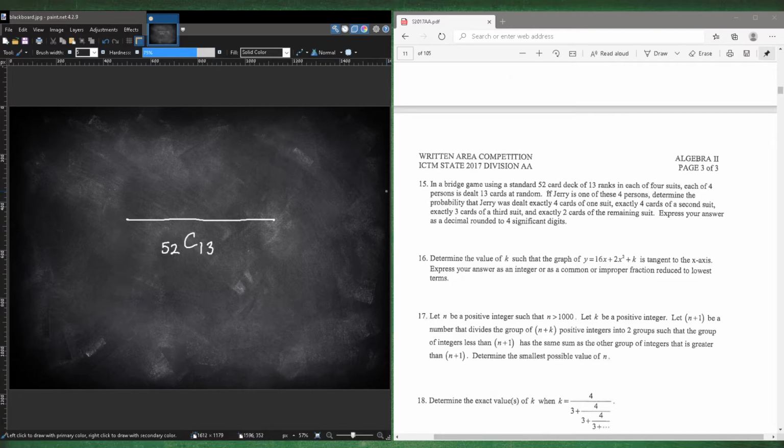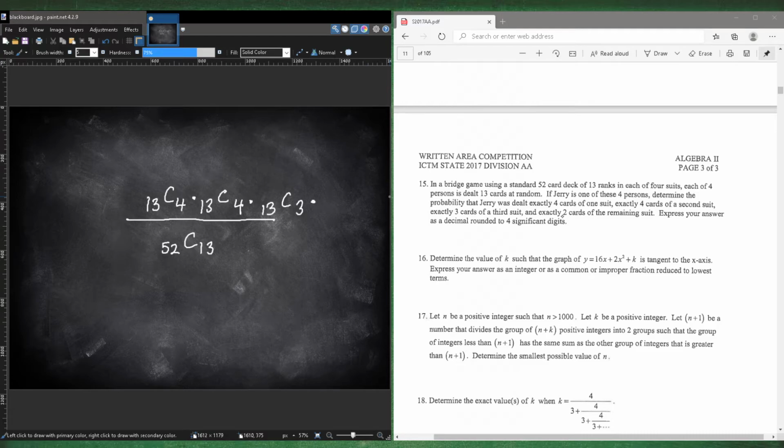So we're going to do the same thing for the suits. Determine the probability that Jerry was dealt exactly 4 cards of one suit. One suit is 13 cards, so 13 choose 4 of those cards. Then multiply that by exactly 4 cards of a second suit, so 13 choose 4 again. And then 3 cards of a third suit, so 13 choose 3.